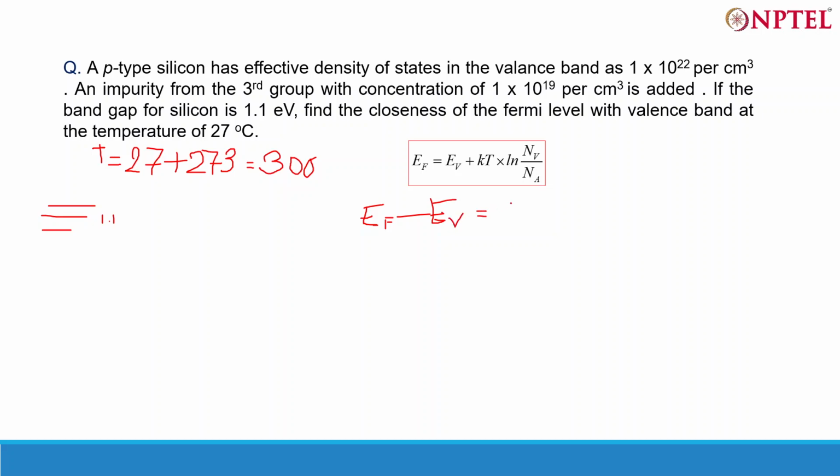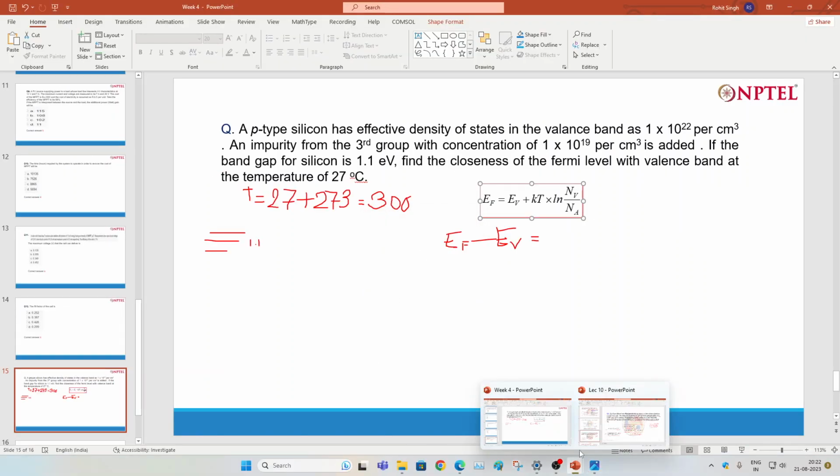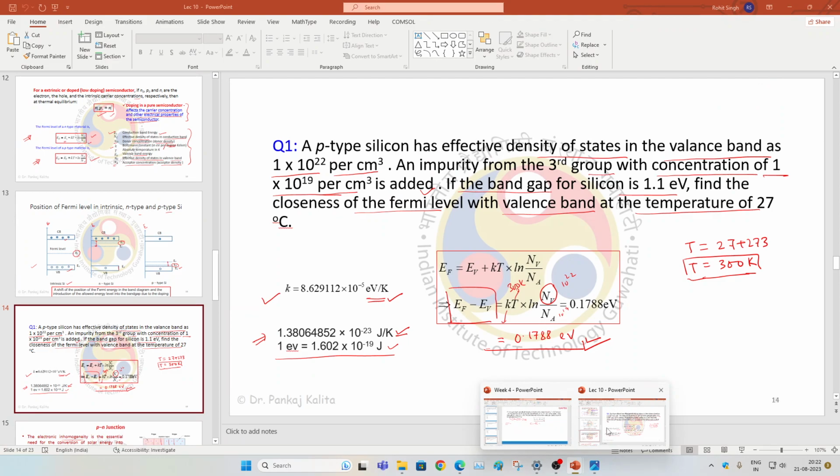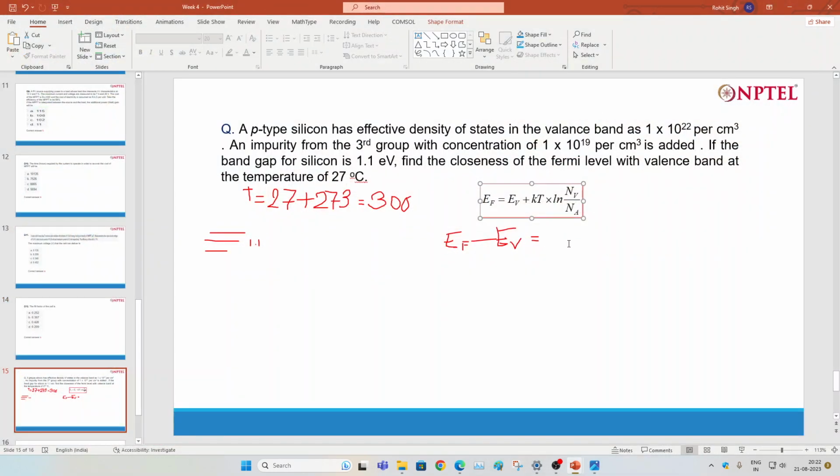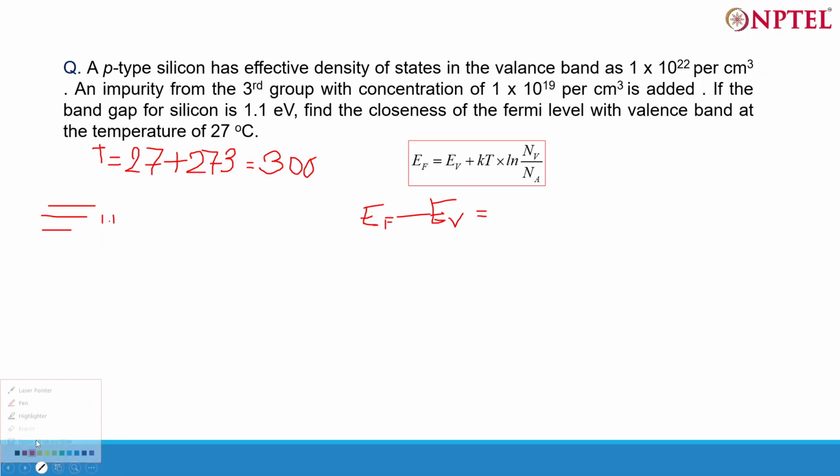How much is the value of K? The value of K was 8.62 into 10 to the power minus 5. How much is T?